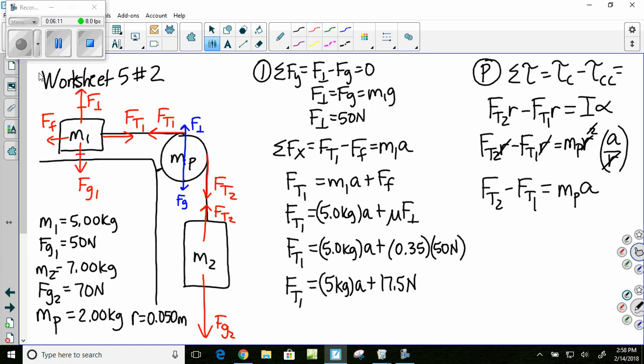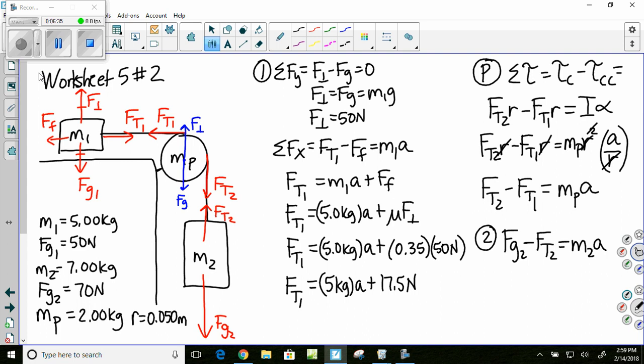So now I do need to look at mass 2 and get the equation for mass 2. So it's Fg2 minus tension 2, and that will equal mass 2 times acceleration. So I happen to know information here, so I'm going to rearrange for Ft2.